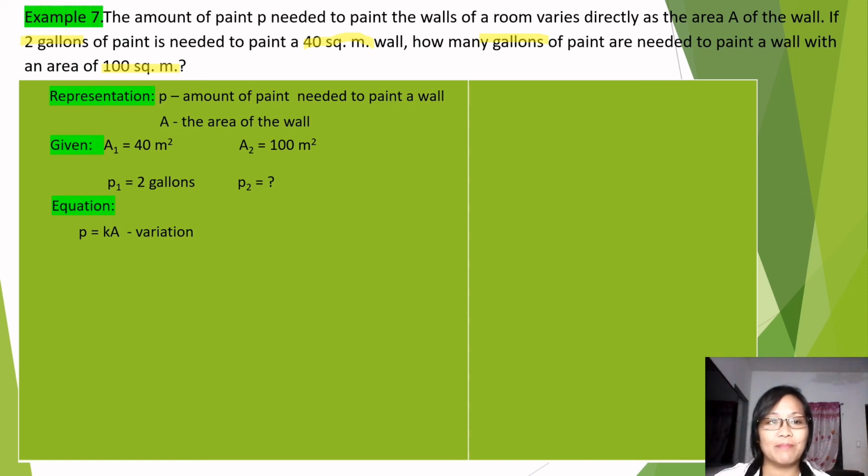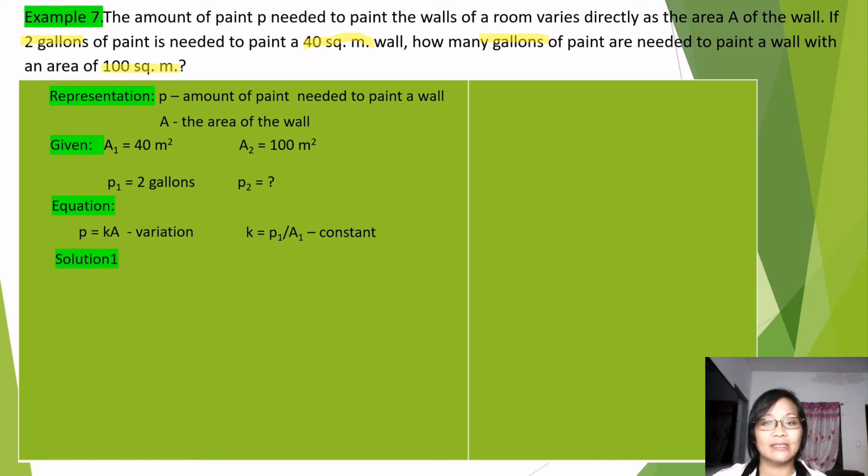It says here the amount of paint P needed to paint the wall of the room varies directly as the area of the wall. Therefore, we have P is equal to KA. For our constant, K is equal to P sub 1 all over A sub 1.